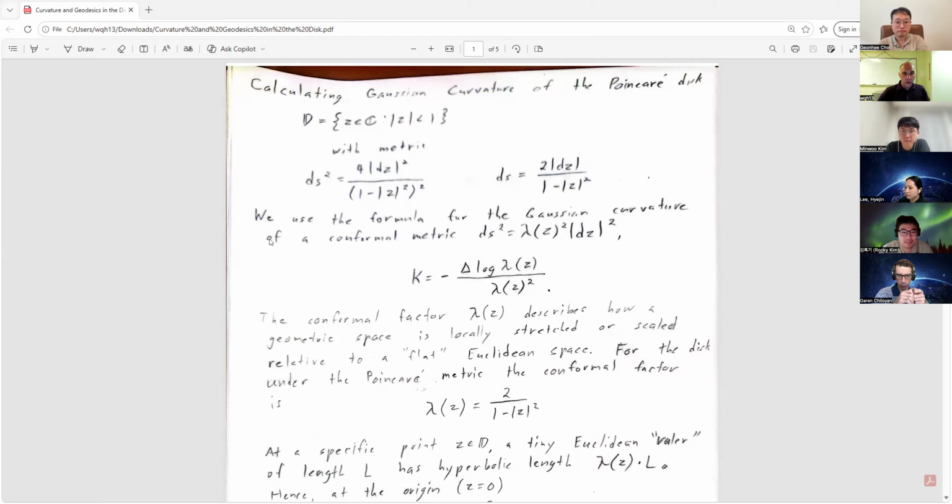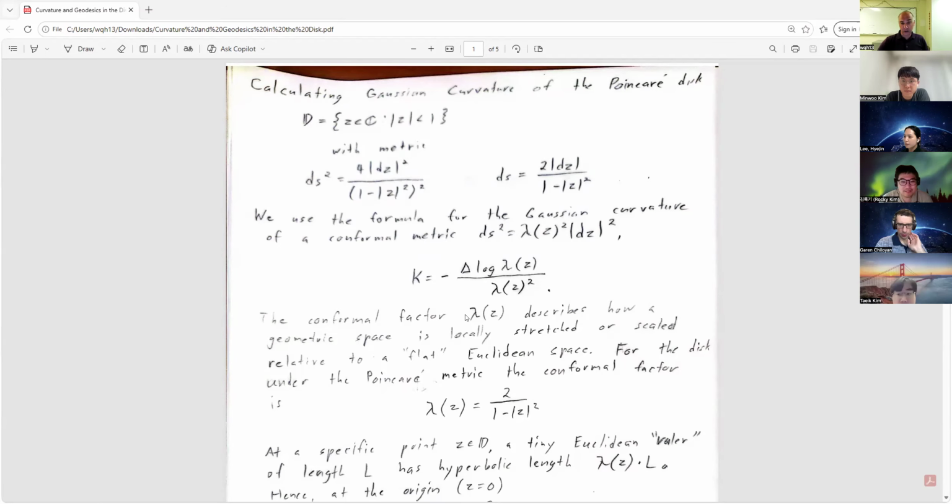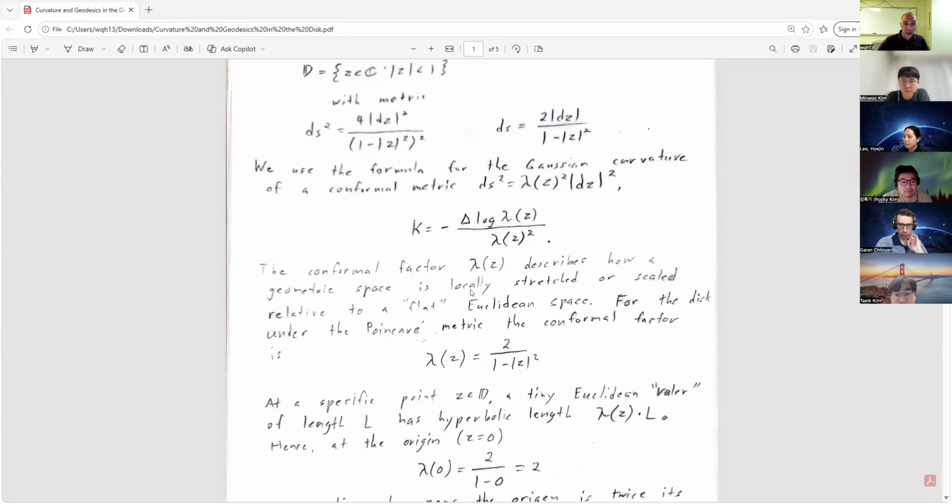So the formula we're going to be using for Gaussian curvature is this: curvature is equal to negative Laplacian of the log of our conformal factor in our metric divided by the square of the conformal factor. So this conformal factor, lambda z in a metric, describes how a geometric space is locally stretched or scaled relative to a flat metric.